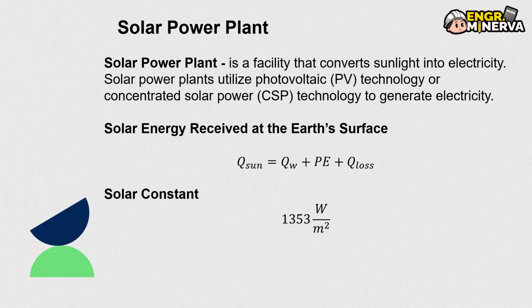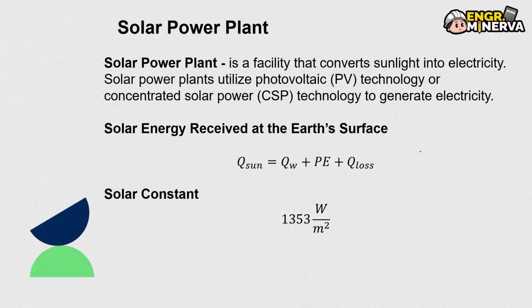We have two types actually: photovoltaic, or the solar panels that we are using today, or concentrated solar power, to generate electricity. So again, that is just minimal computations for your solar power plant.